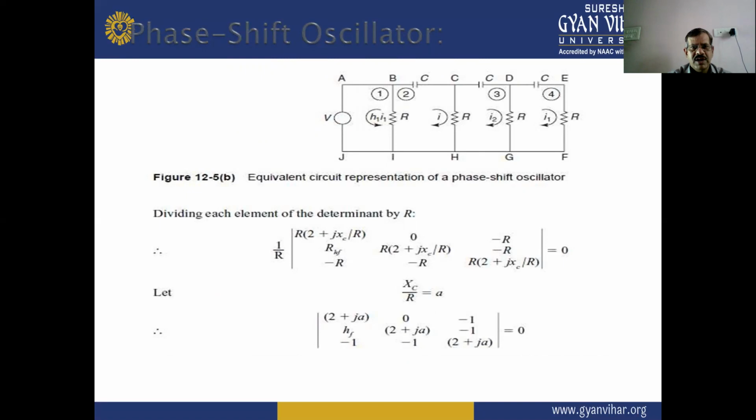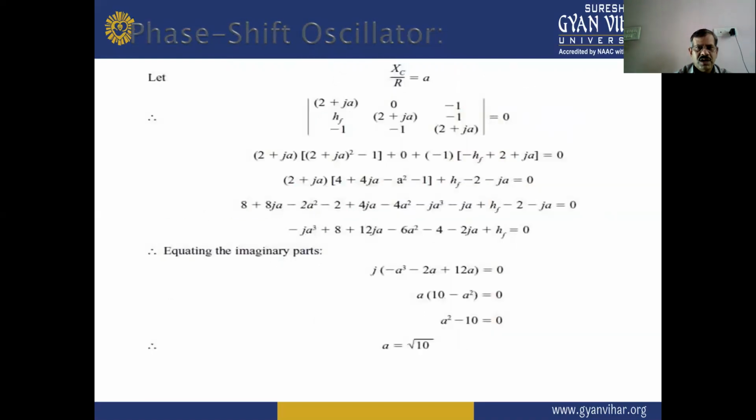Dividing each element of the determinant by R, let Xc upon R equal A. So putting the value of Xc upon R equal to A, we find this determinant, and solving this determinant and equating the imaginary part, we have j into minus A cubed plus 12A equal to 0.